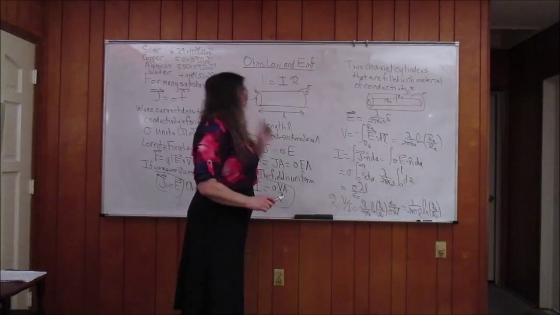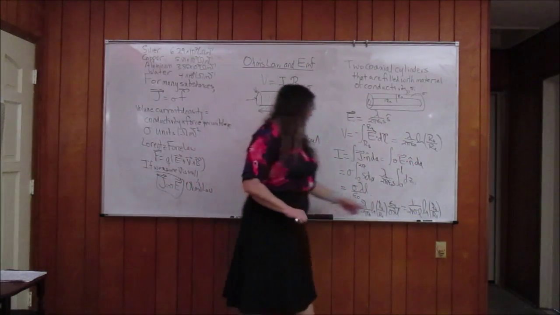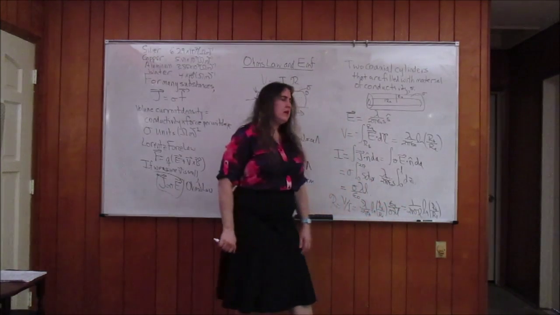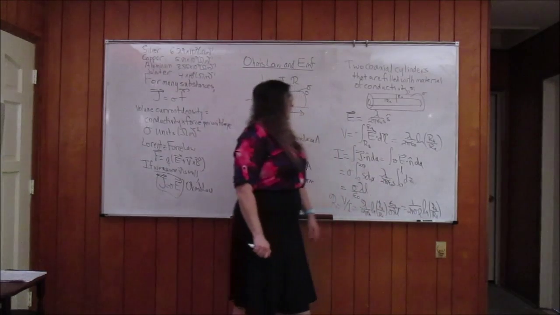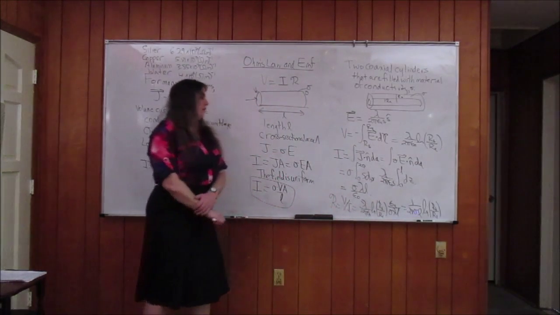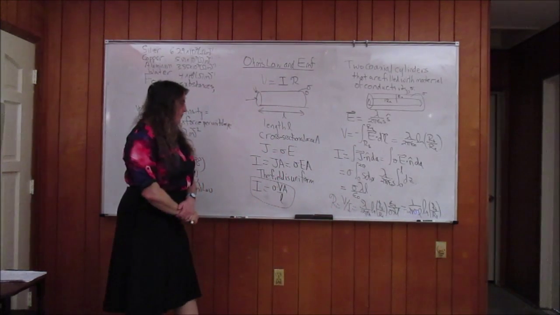And we wind up with the resistance of the system is 1 over 2 pi sigma length of the cylinders times the natural log of the outside radius over the inner radius. So natural log of RB over RA.